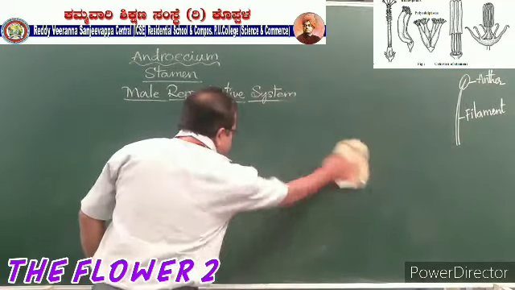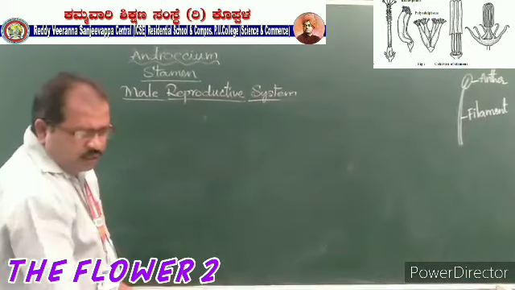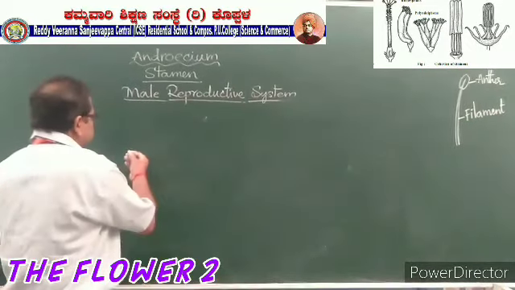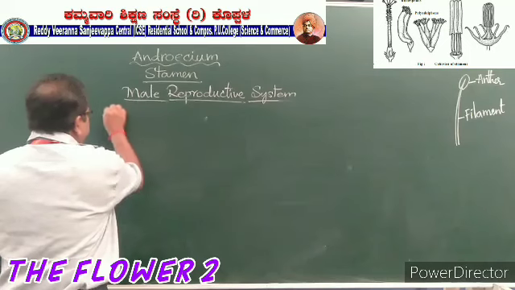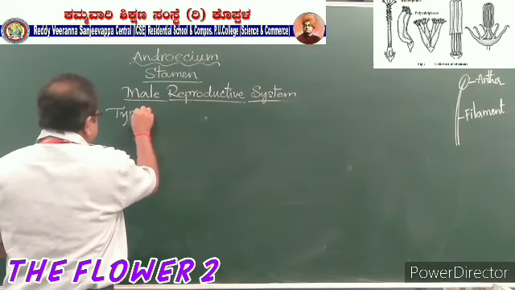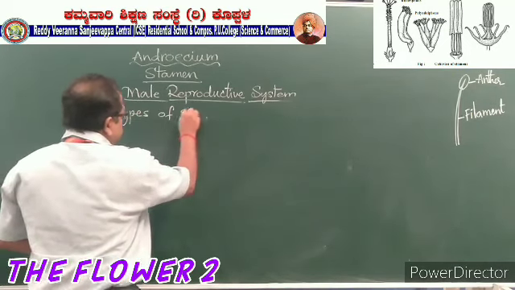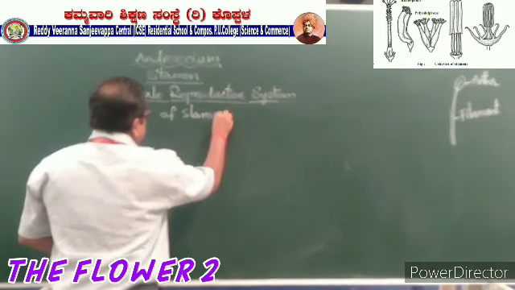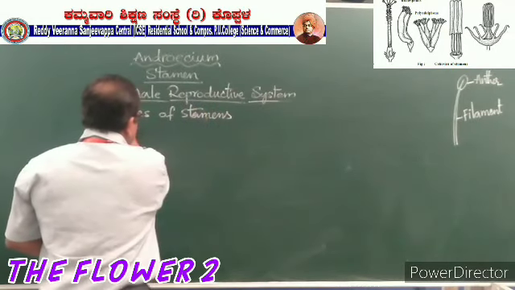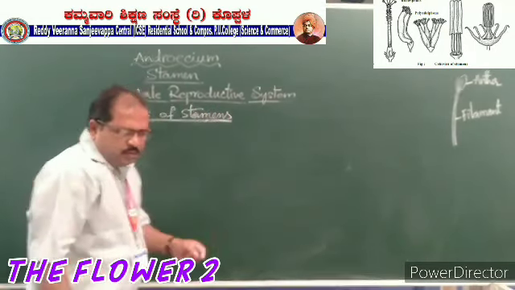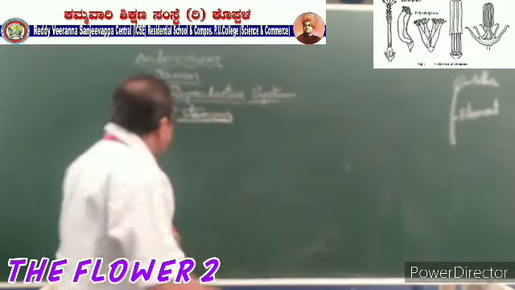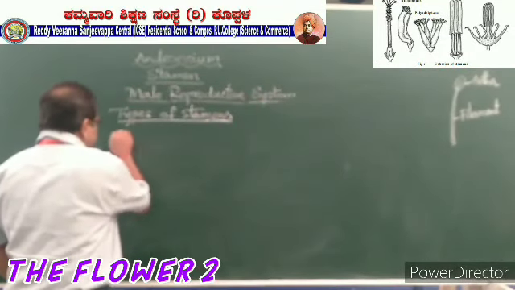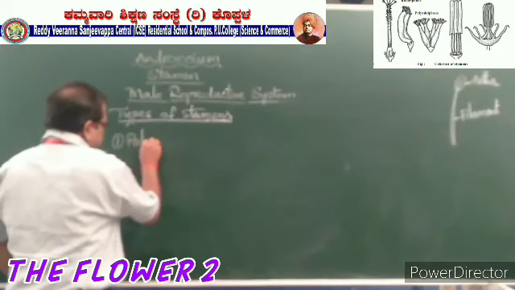Types of stamen based on fusing and free. The first one is polyandrous.